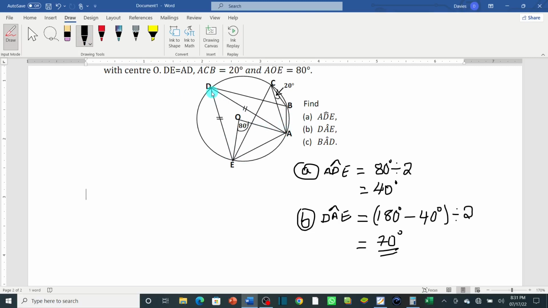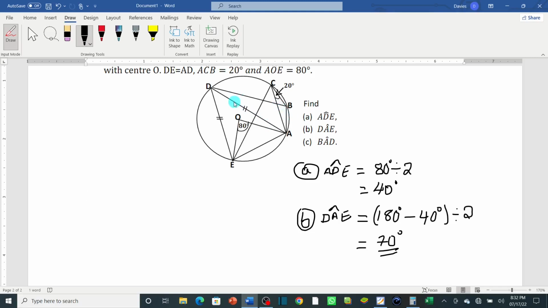For us to find this angle, the whole of this angle here, we must first know what this angle is and what that angle is.